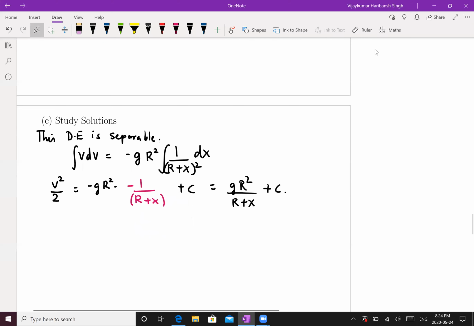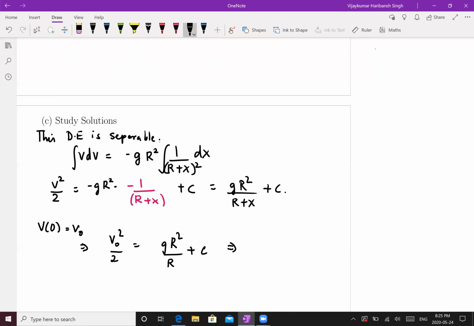Now we need to solve for c. Note that v of 0 is v naught. So this equation becomes v naught square by 2 equals g r square by r plus c.